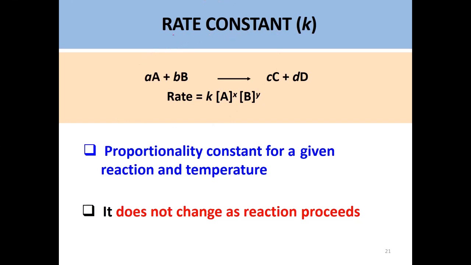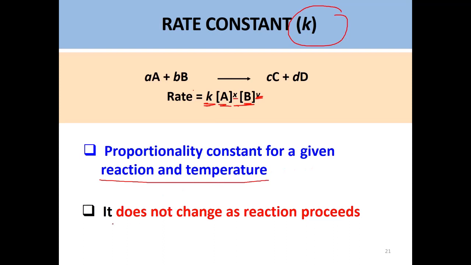Okay, now we proceed with the rate constant. The rate constant is k. For this reaction we can write the rate is equal to k, concentration of A to the power of x, concentration of B to the power of y. Basically it is a proportionality constant for a given reaction and temperature. You can find your k if you know the reaction and temperature.